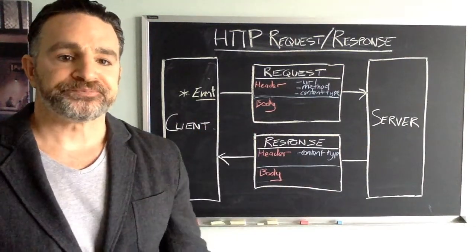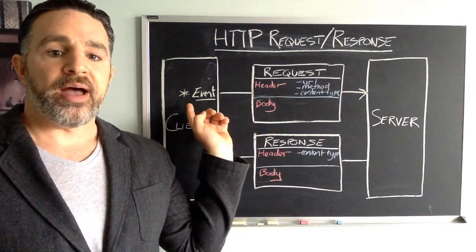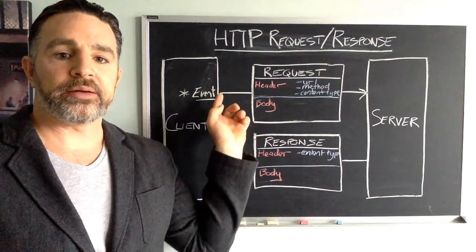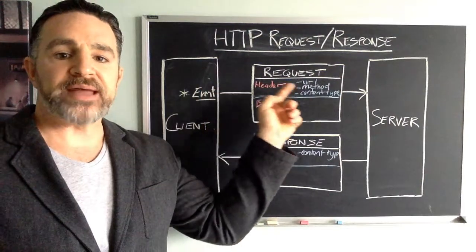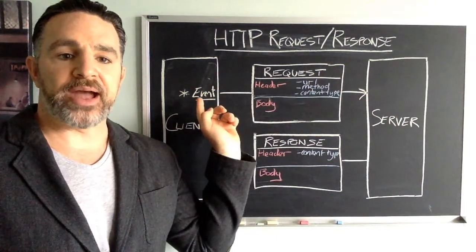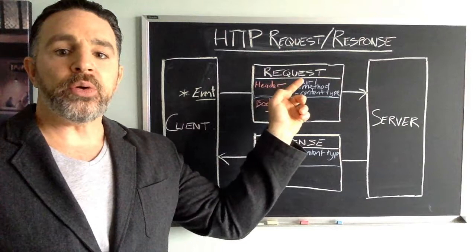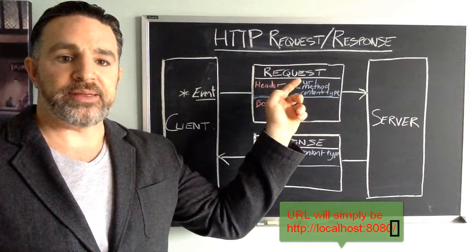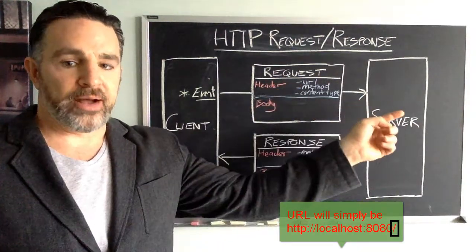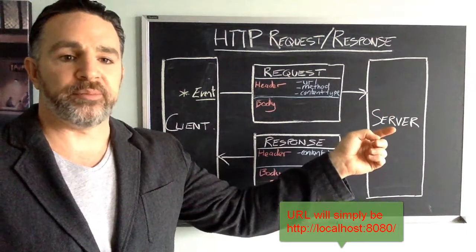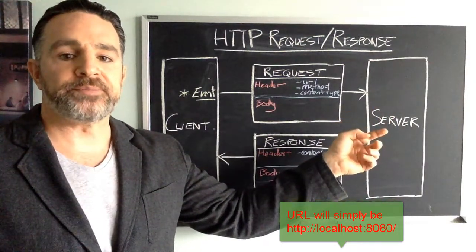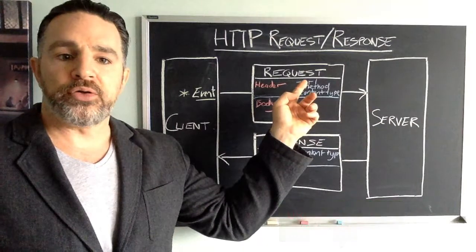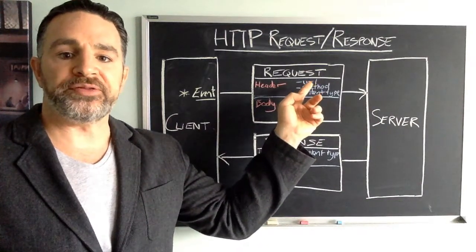So to recap exactly how it's going to work, the request is going to be made using AJAX. The URL is just going to be the URL of our server. We're using localhost at the moment, but we will upload to a server later. But there'll be no query strings or route parameters on this URL.